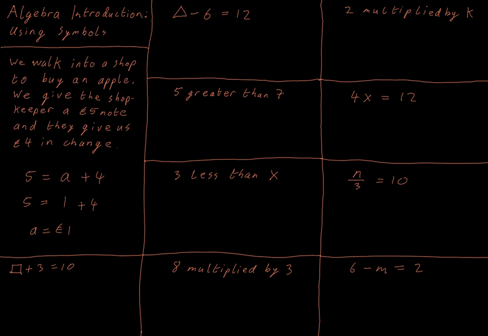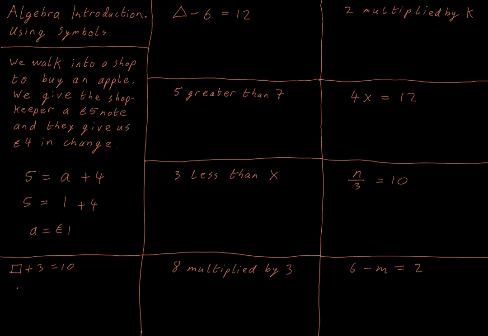So we don't have to use letters. Usually we will, but we could also use symbols. So this is, to the best of my ability, a square. So some number that I've drawn as a square plus 3 is going to give me the number 10. So what number plus 3 would be equal to 10? As I say, in the long run, we'll learn a more formal way of showing how we get this solution.